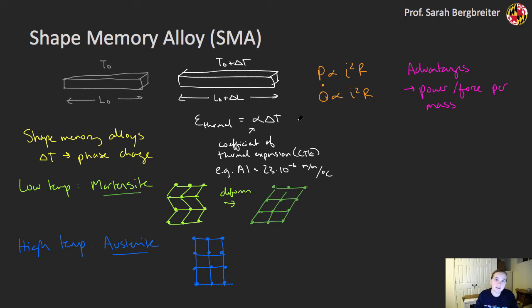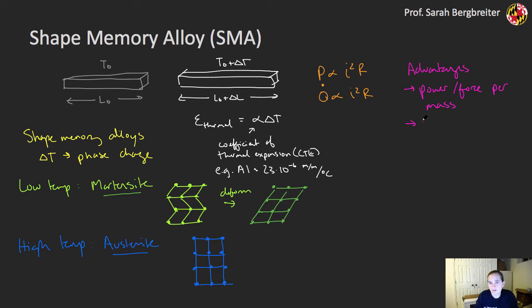So a lot of UAVs might use some kind of SMA actuator to control, for example, a flap on a UAV, because I can get high forces and high powers for very, very lightweight control in comparison, for example, to a servo.